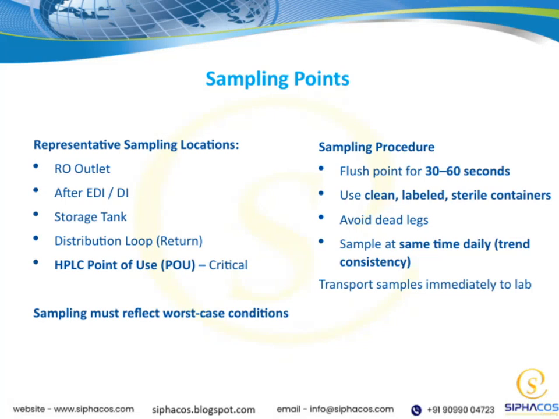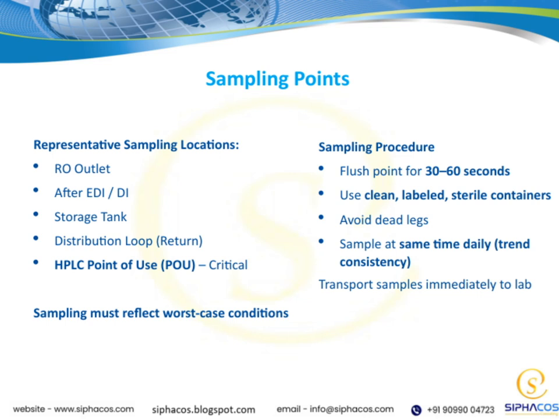Let's talk about the sampling procedure to ensure accurate and representative water testing. First, when collecting a sample, it's important to flush the point for about 30 to 60 seconds. This helps to clear out any stagnant water and ensures you're testing the water that's actually moving through the system. Next, always use clean, labeled, and sterile containers.